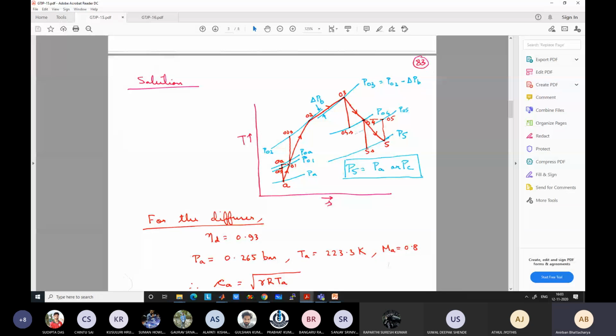So it will be higher, and if you have a fixed compressor pressure ratio, same pressure ratio, say 8, this point 02 will also be higher, because P02 by P01 is fixed, right? So the compression process will occur at a higher temperature.